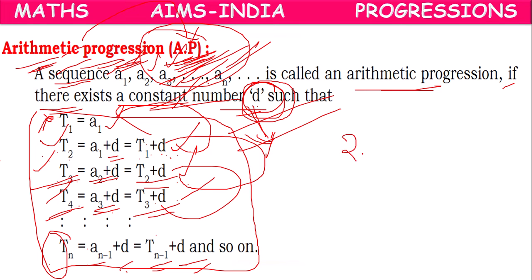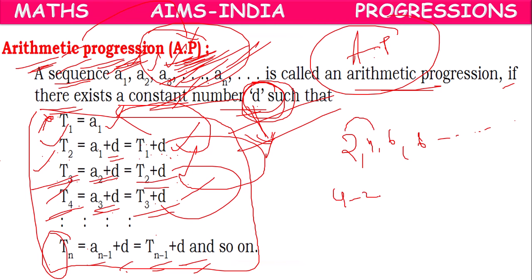Suppose we have a sequence 2, 4, 6, 8 and we want to check whether it is in AP or not, or if it is arithmetic progression or not, we have to check. If we take the difference of any two terms, 4 minus 2 is 2, 6 minus 4 is 2, 8 minus 6 is 2.